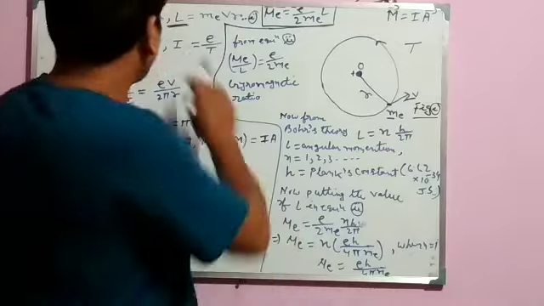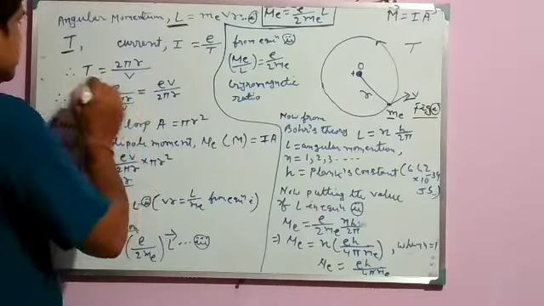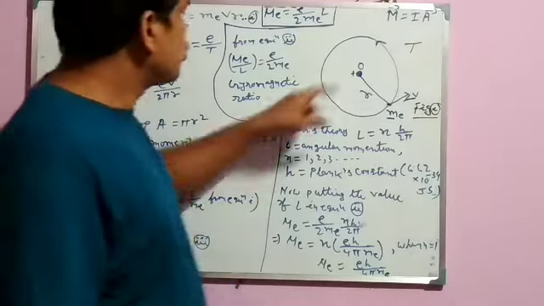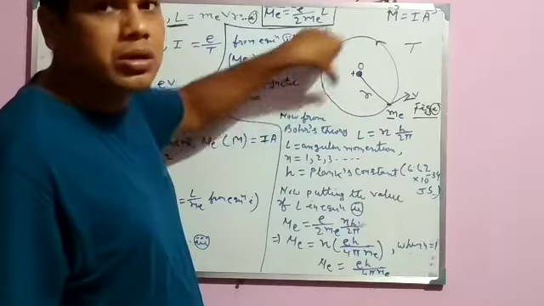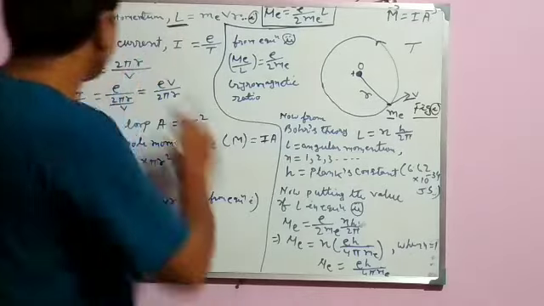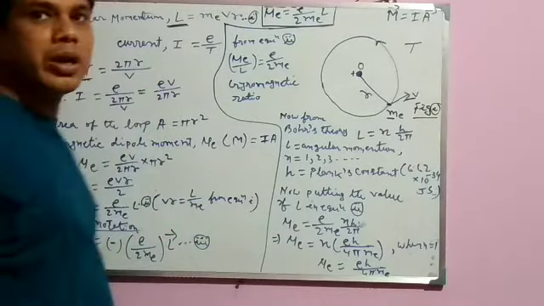Now the time period T equals 2 pi r by v. 2 pi r is the total circumference of this circle and v is the linear velocity, so T equals 2 pi r by v.